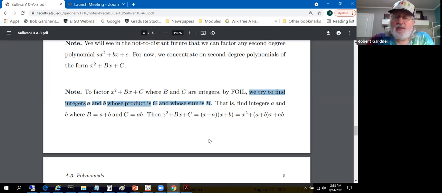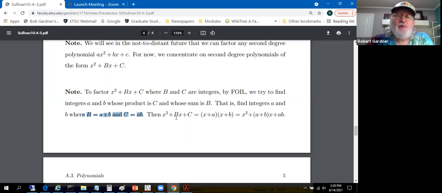Let's write it symbolically. Symbols is what we're going to have to manipulate, so that's the way to go. That is, we need to find integers a and b, where capital B equals a plus b and capital C equals a times b.